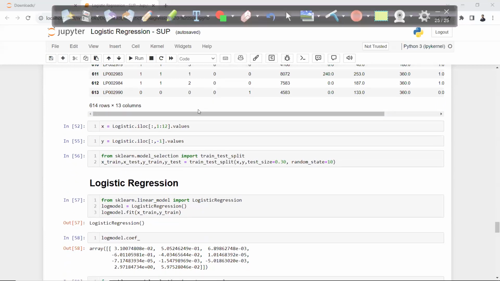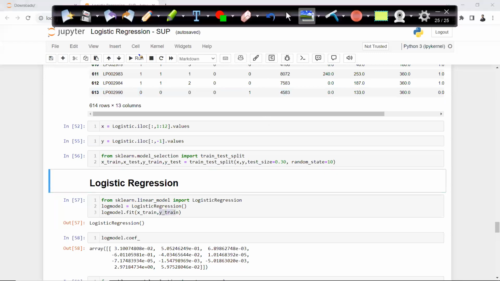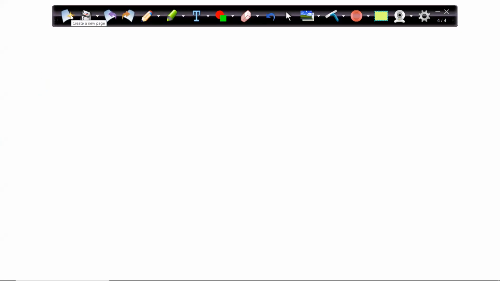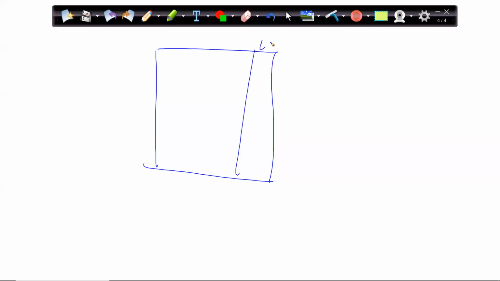After that, I'm breaking the data into X and Y first of all, because when we are running the model from scikit-learn, you have to pass the X train and the Y train. Suppose I have this data where I have the loan status and all other columns.